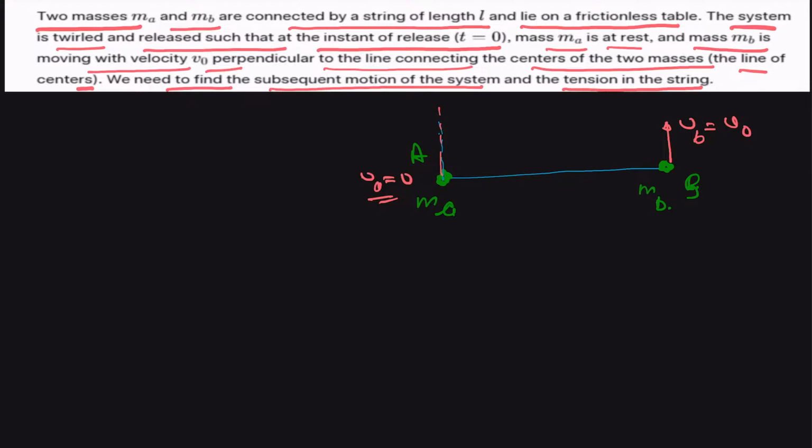So this is our origin, and it is connected by length L, and this is our x-axis and this is our y-axis, and this is the position at t equal to 0.